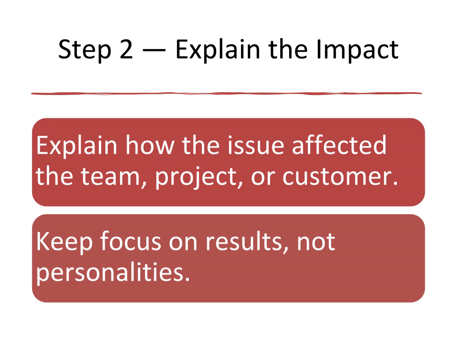In step two of our conflict resolution method, we focus on explaining the impact. This step is crucial because it allows us to communicate the consequences of the issue clearly and objectively.